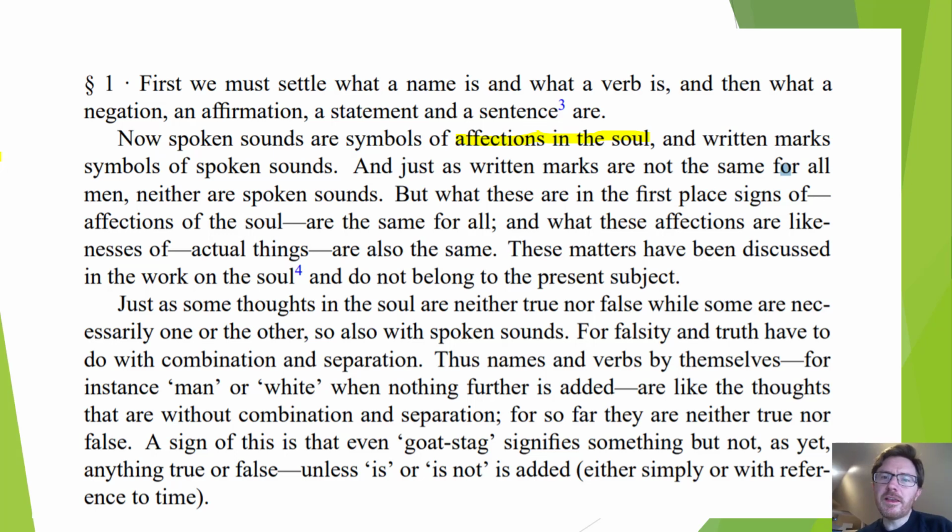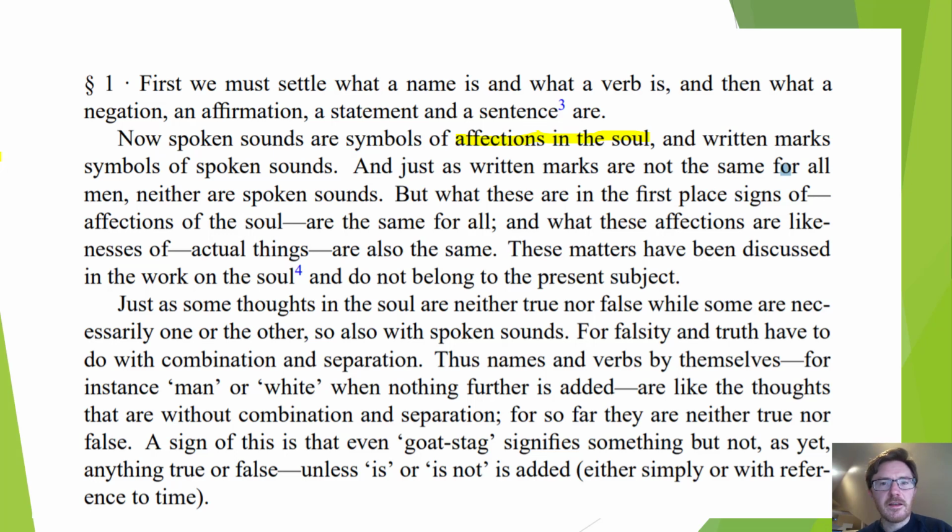But then he says, but what these are, in the first place, signs of, affections in the soul, are the same for all. And what these affections are likenesses of, actual things, are also the same. Now, here's where you get that part that you highlighted above, and you get to think, oh, now I can understand what's going on here.